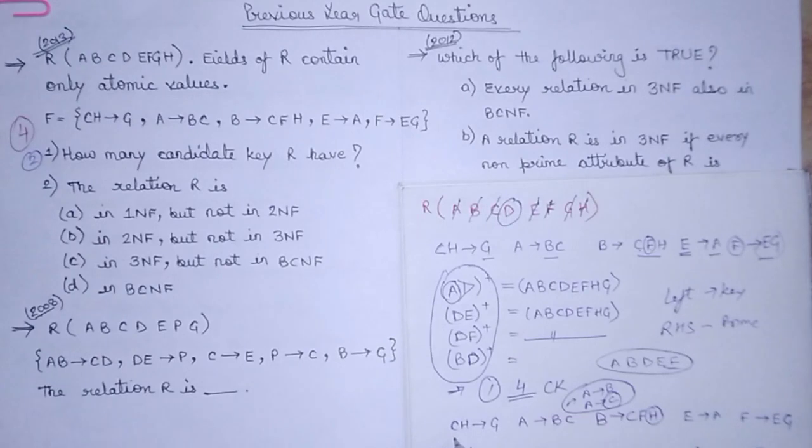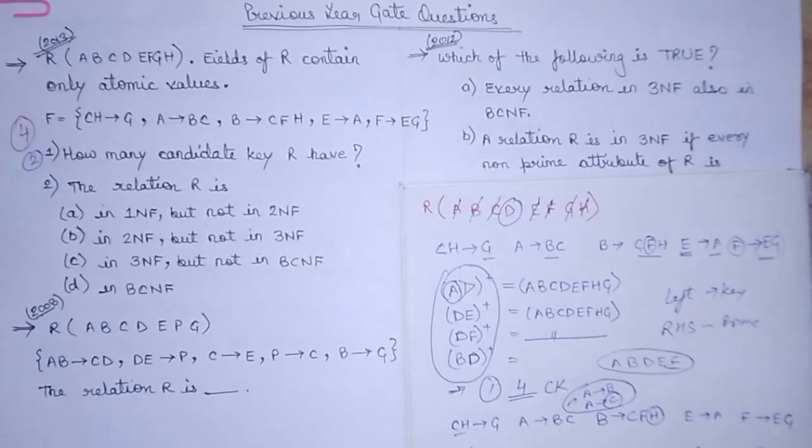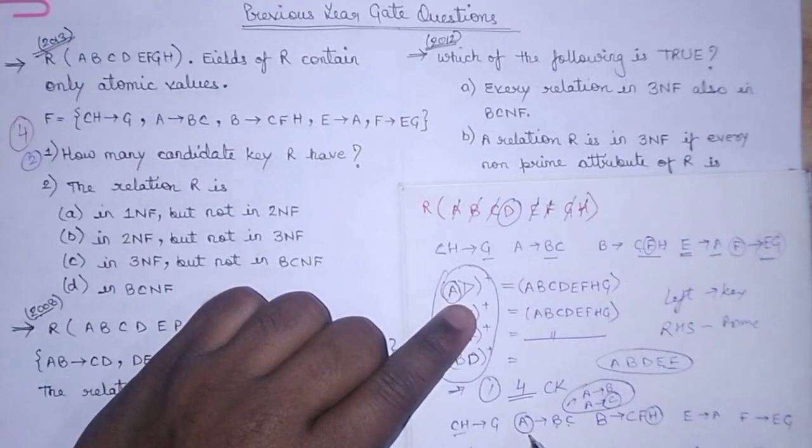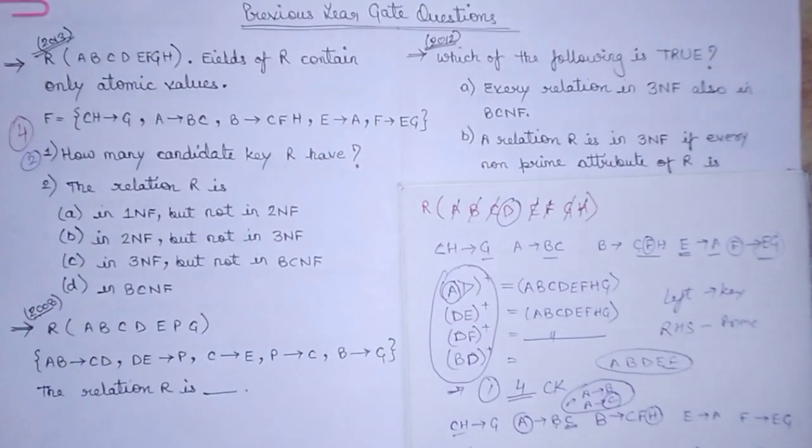So check this. C and H is not a subset, so it is not violating any case. A is a subset and it is defining B also, C also. A is defining C, that means the subset of a particular candidate key AD is defining a non-prime attribute, so it is violating the case of 2NF.